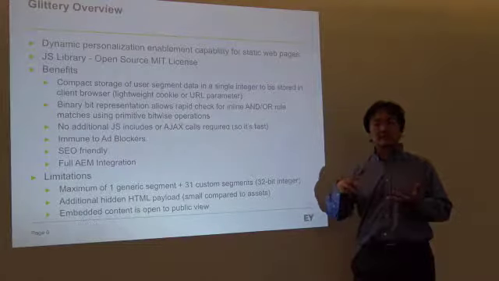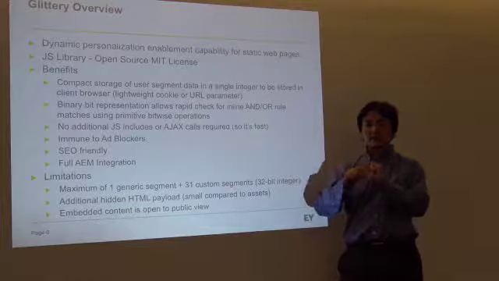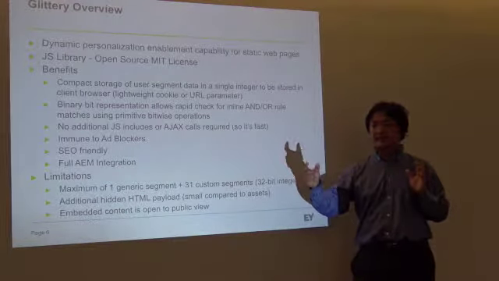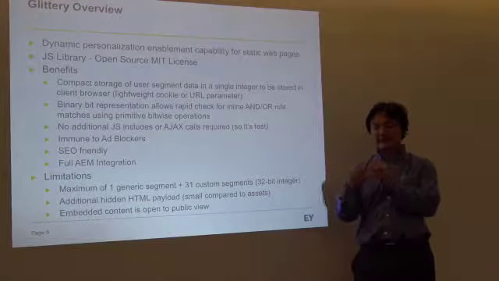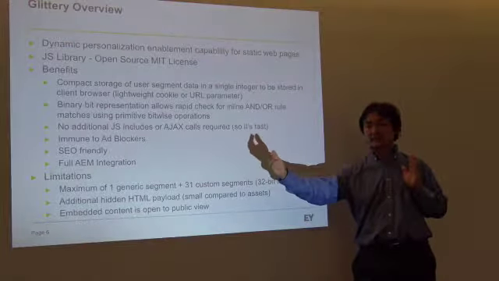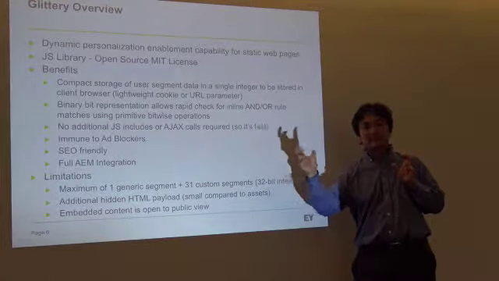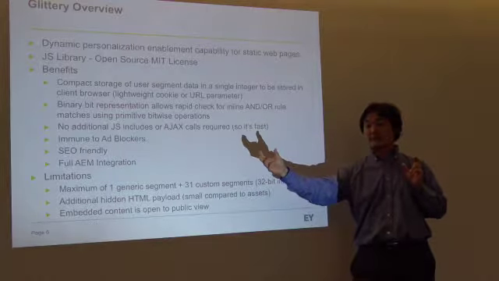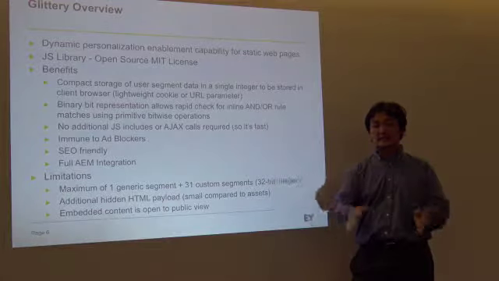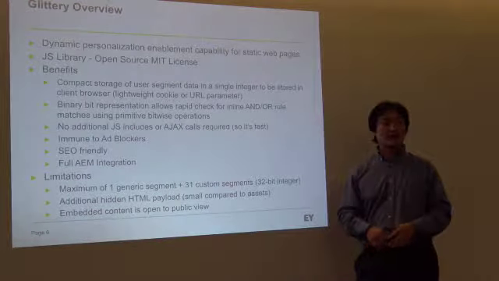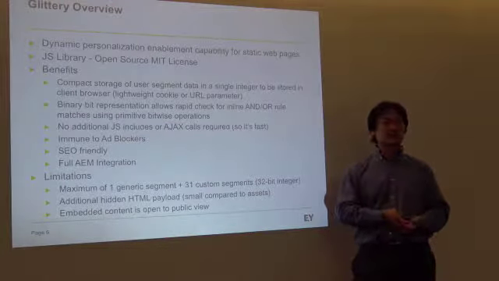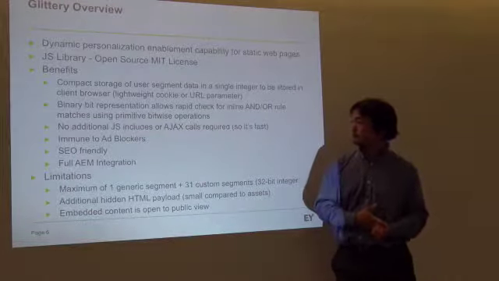So if you're a programmer, you'll know that numbers are represented in binary format ultimately, as ones and zeros. If you think about any number as an array of ones and zeros, and think of each one of those boxes as a user segment, you can sort of think about how you can combine that with the segment offerings on a web page and really apply very quick operations to figure out what that user should be seeing or not seeing.